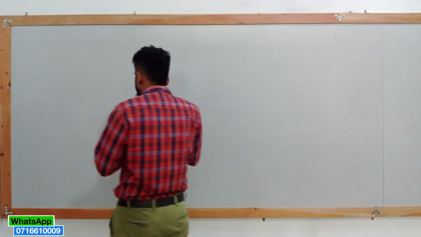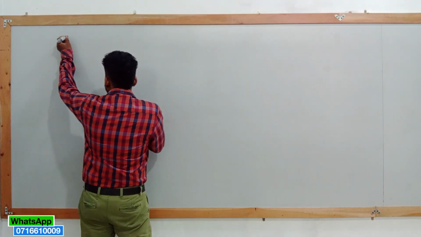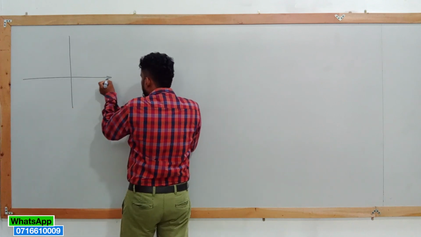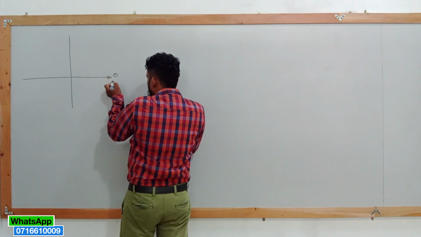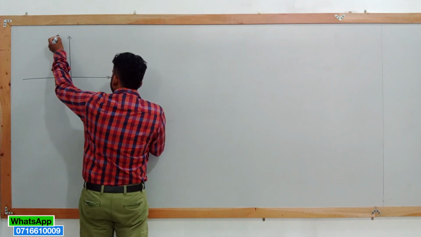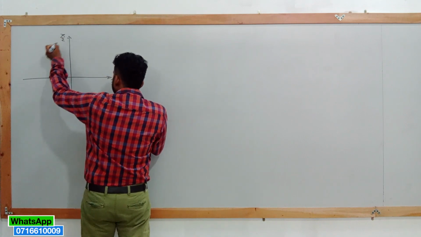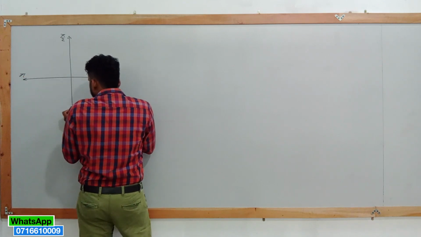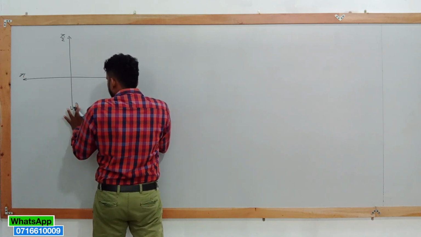Think about the quadrants first, right? Here 0 or 2 pi, and here 90, that is pi by 2, here pi, and here 3 pi by 2.